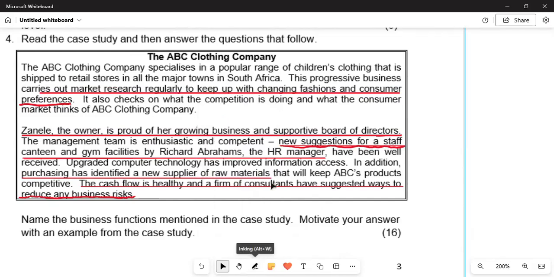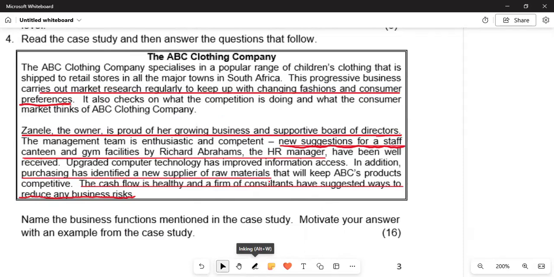We are going to try by all means to understand it. Read the case study and then answer the questions. That is what we are asked. So the question is, name the business functions mentioned in the case study and motivate your answer with what? With examples. That is the extract that you are given now.